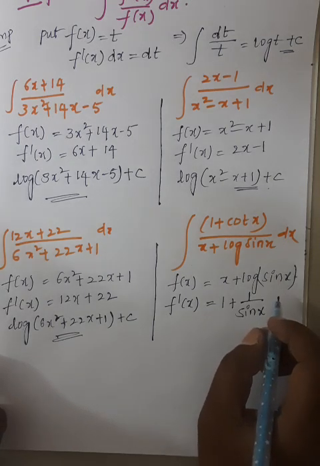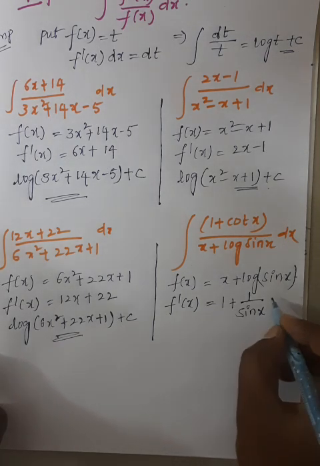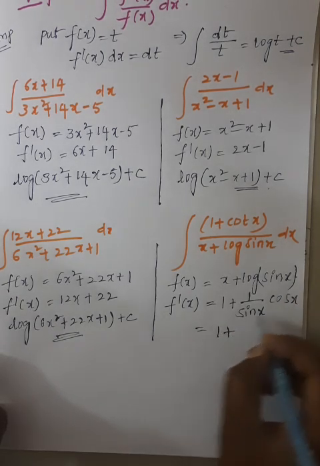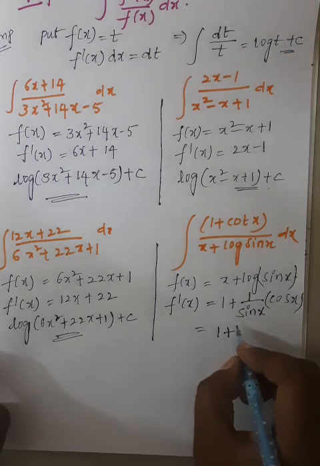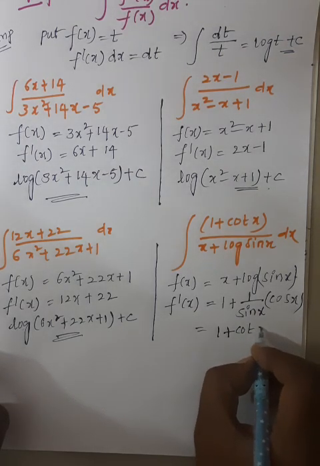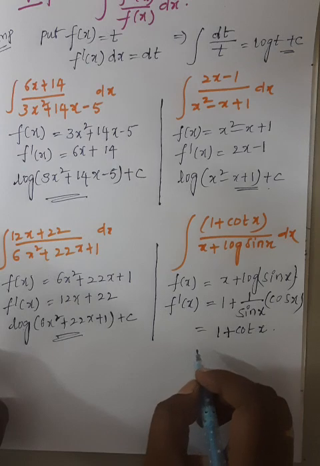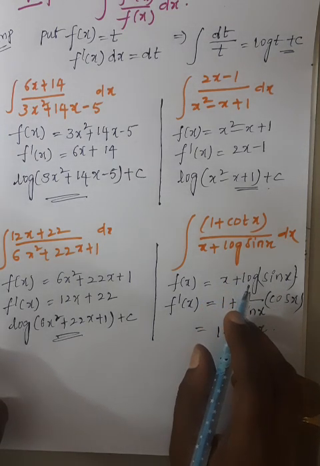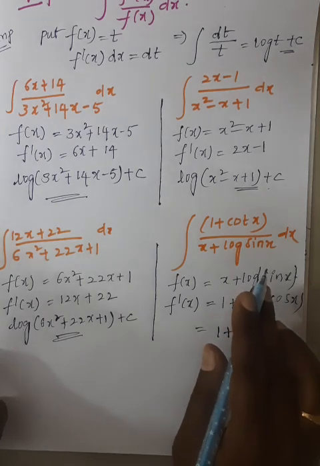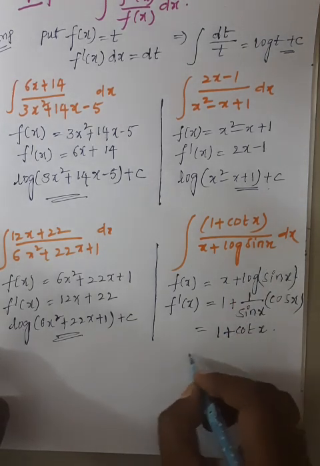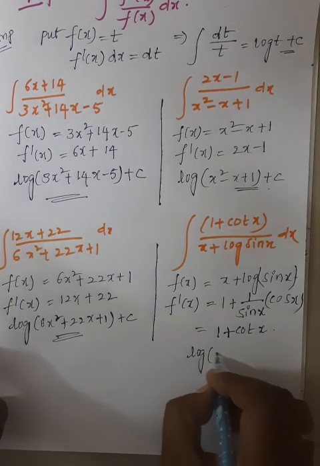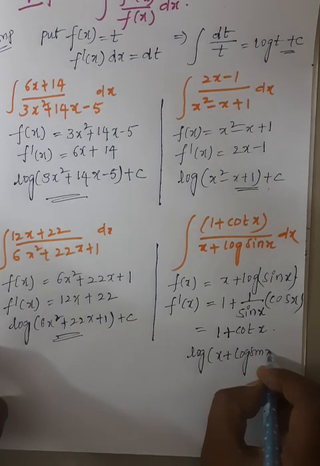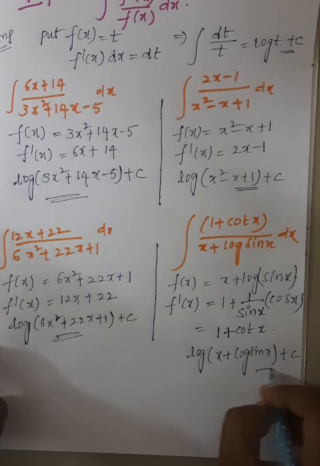Again we have to differentiate sin x, you will get cos x. So it is equal to 1 plus cos x by sin x, which can also be written as cot x. Now 1 plus cot x is in the numerator. Therefore, the denominator's differentiation is there in the numerator. Therefore, we can write directly our answer as log of denominator, x plus log sin x, plus c as our final solution.